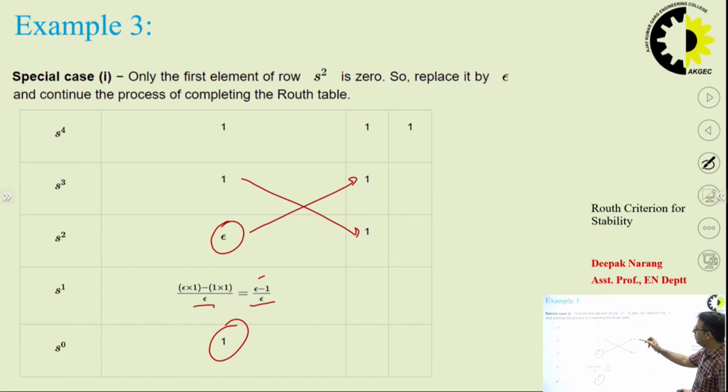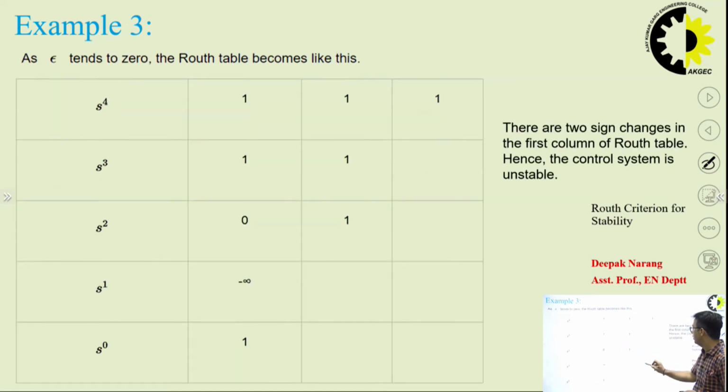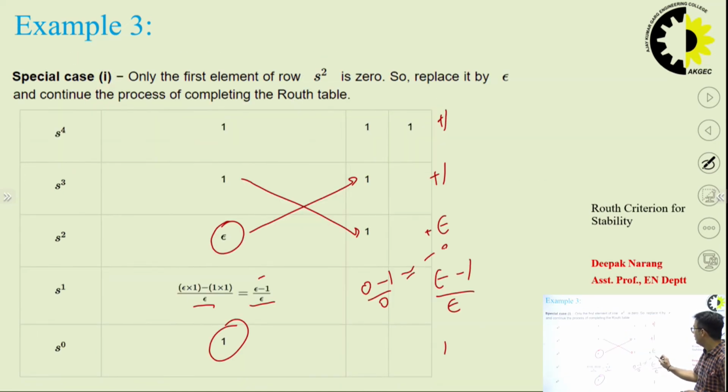Now if we observe the first column, 1, 1, epsilon, epsilon minus 1 divided by epsilon and 1, we see plus, plus, plus. If we put 0, this becomes 0 minus 1 over 0, which comes out as minus infinity.